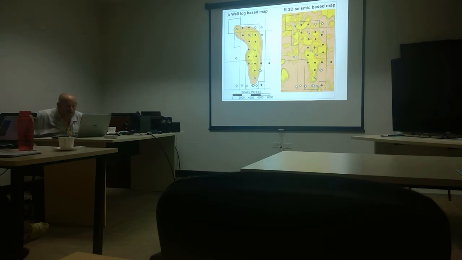For example, probably this nice long sand body here, the sand body there wasn't drilled, one here, and so on. So the 3D seismic in this case was very useful at giving you a good picture of the reservoir, much better than if you thought it was a single sand.